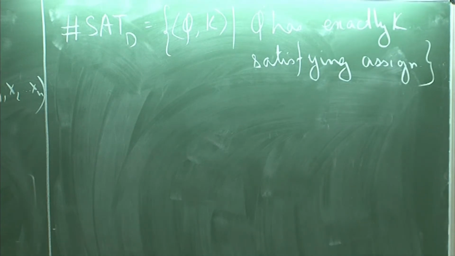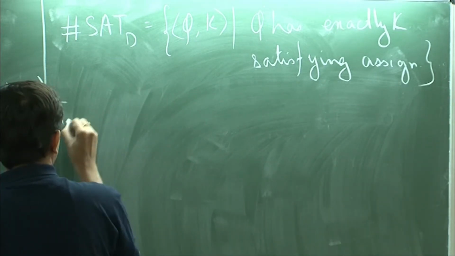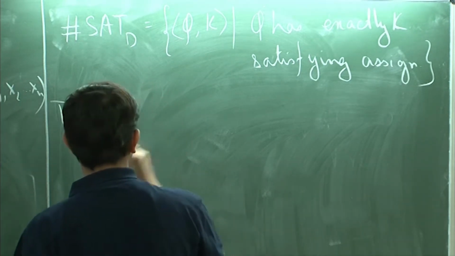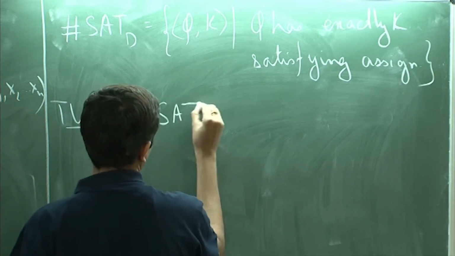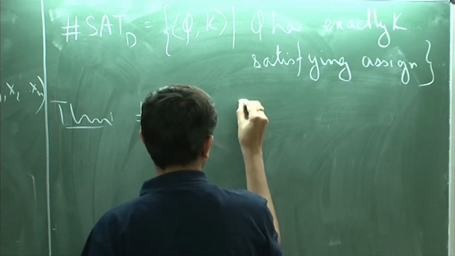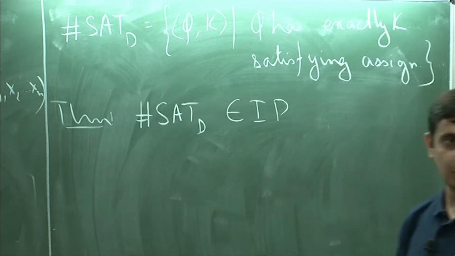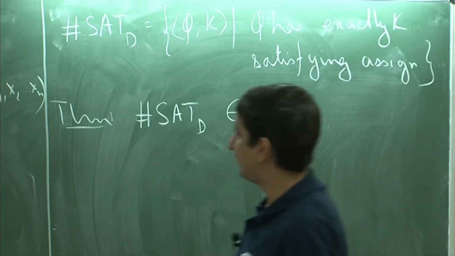This is just the decision version of the sharp sat function. What we can show is that this language is in IP again, and the proof is exactly the same, with just some trivial modifications.